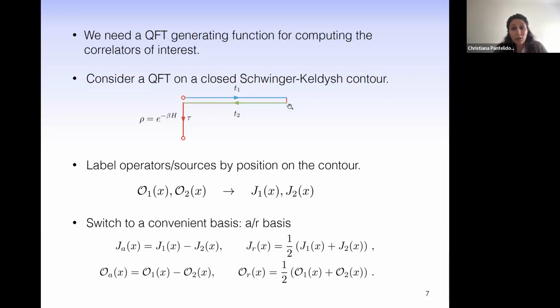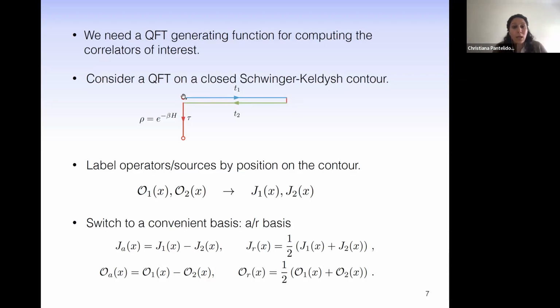Then we have another Lorentzian segment parameterized by time t2 that flows in the opposite direction, so from t_f all the way down to 0. And then, last but not least, we have a third segment, this red one here, which is a Euclidean segment parameterized by time tau.